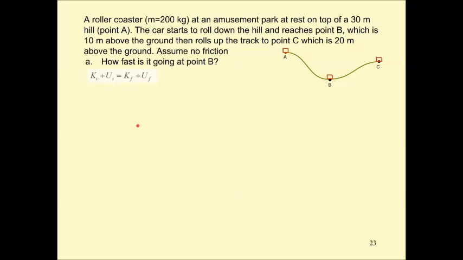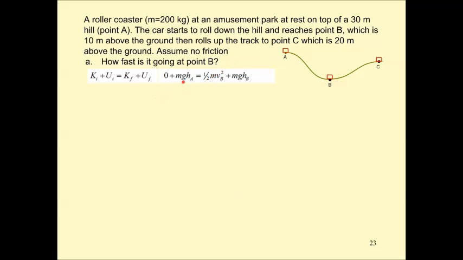So we use the conservation of mechanical energy, which says the kinetic energy at the beginning plus the potential energy at the beginning equals the kinetic energy at B plus the potential energy at B. Right, so we substitute formulas for that. The kinetic energy at the beginning is 0 because it is at rest.